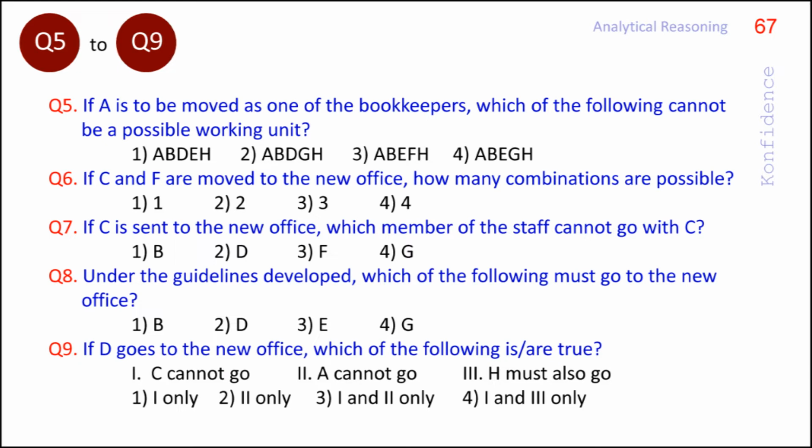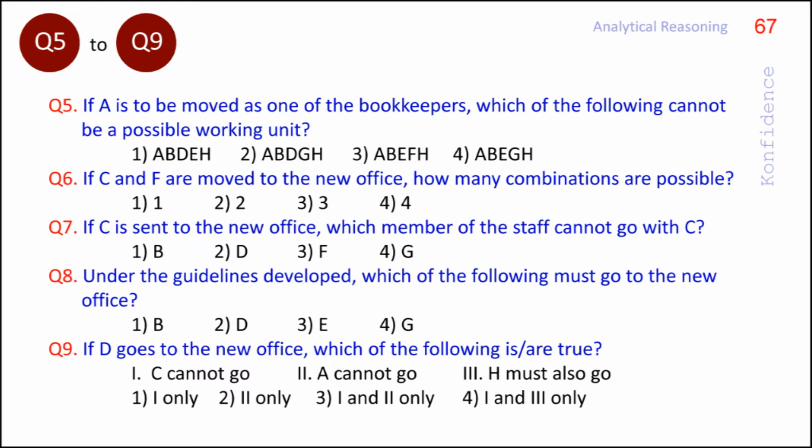And finally, question number 9. If D goes to the new office, which of the following is or are true? 1. C cannot go. 2. A cannot go. 3. H must also go. And the options are A for 1 only, B for 2 only, C for 1 and 2 only, D for 1 and 3 only.